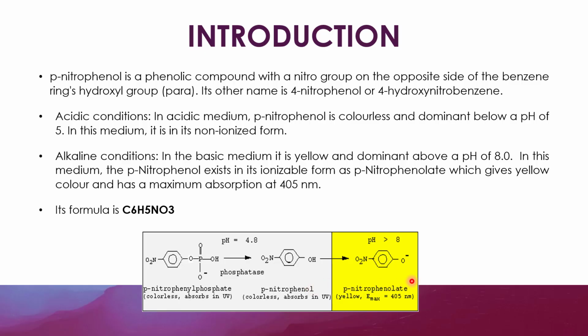Now, if we increase the pH of this medium by adding an amount of sodium hydroxide solution to cause an increase of the pH above 8.0, the p-nitrophenol which was produced in the acidic medium now becomes ionized to p-nitrophenolate, and this causes a change in the color of the medium to yellow and has a maximum absorption at 405 nanometer.